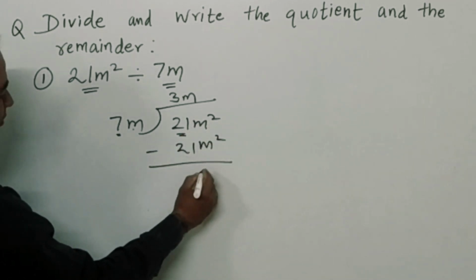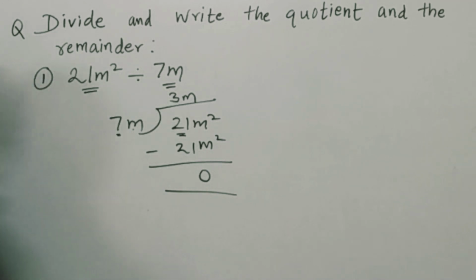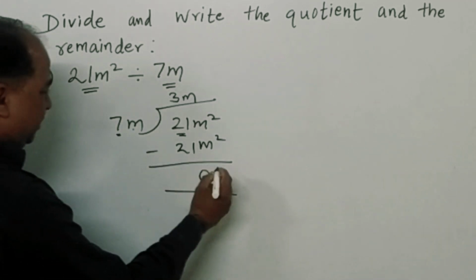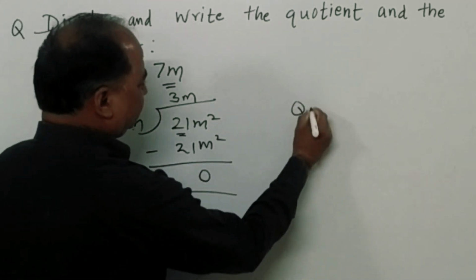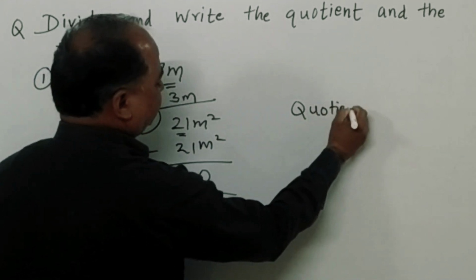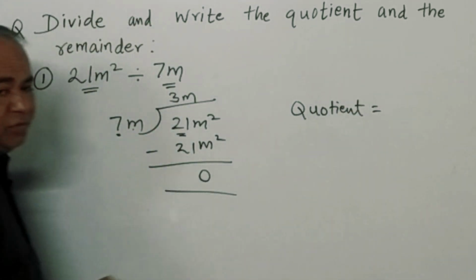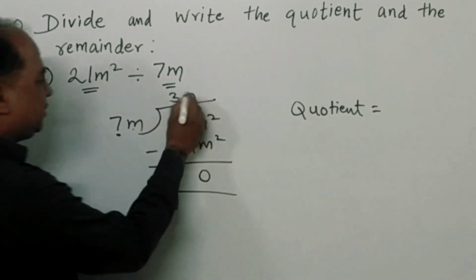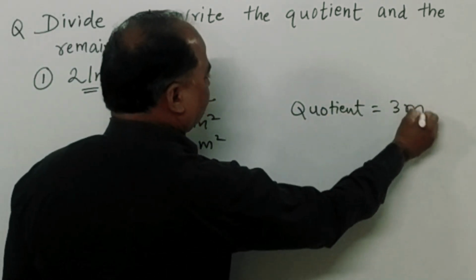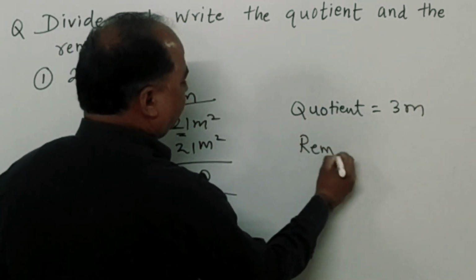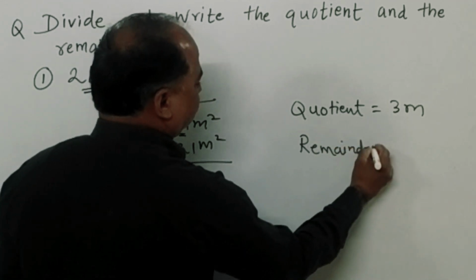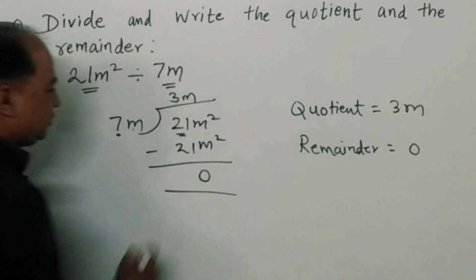Subtract: 21m square minus 21m square is 0. So after dividing monomial by monomial, you get quotient as 3m, and remainder is equal to 0.